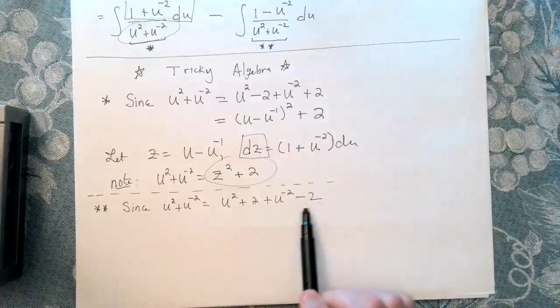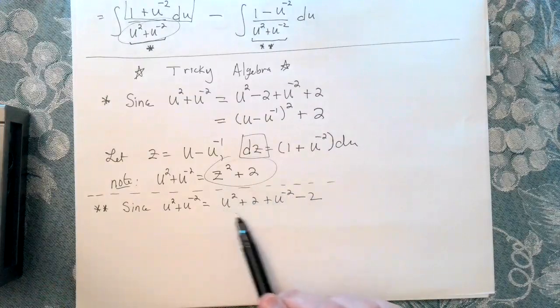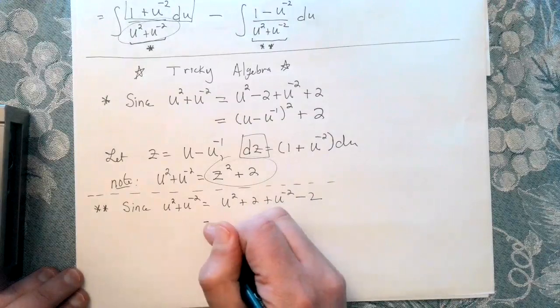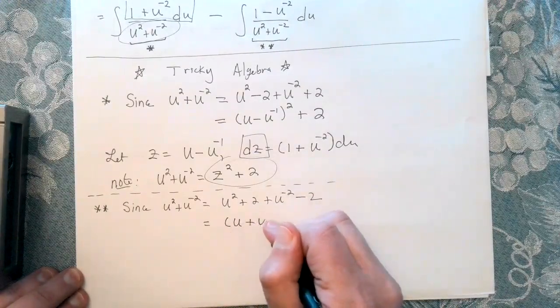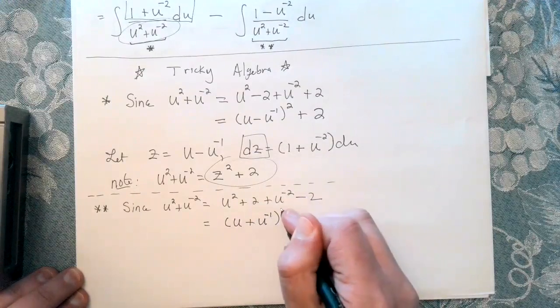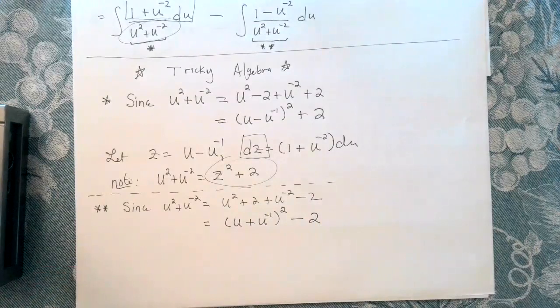I mean, that's true. I've just added 0, but this is a useful form of 0 because this is now a perfect square trinomial. So that'll factor nicely into u plus u to the minus 1 quantity squared, and then there's that minus 2. So very similar thinking.